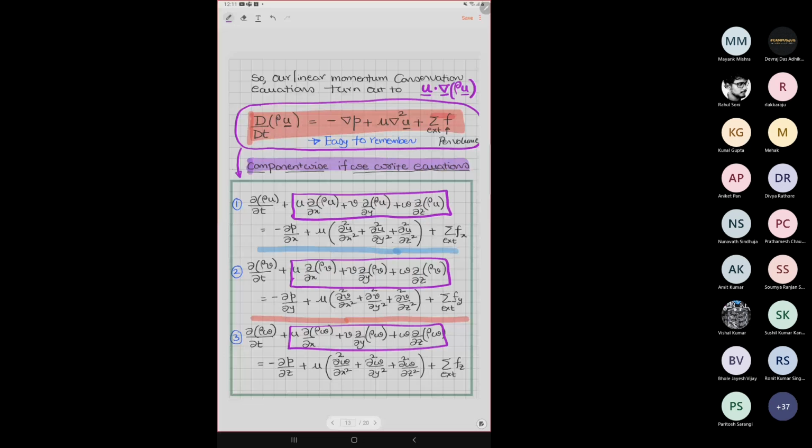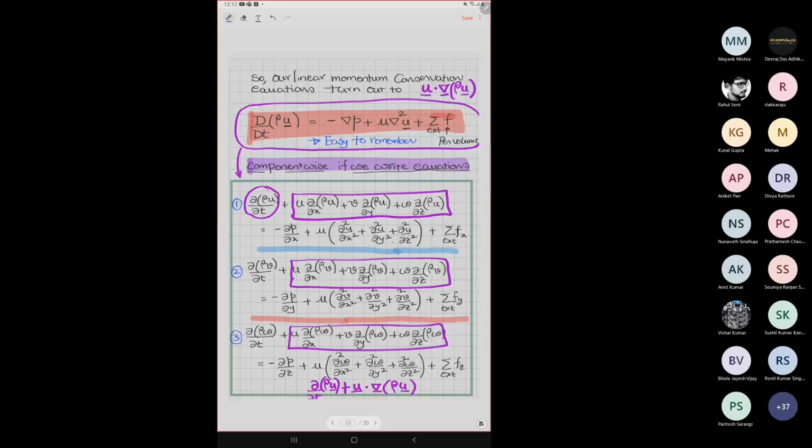Whenever you have products of velocities, we call that one as non-linear. And the simple structure, it looks like u dot del of rho u. And the first term is the temporal term, that is del by del t of rho u.